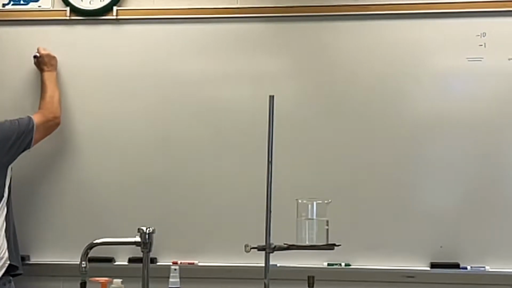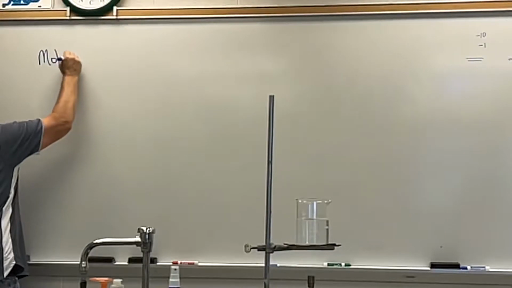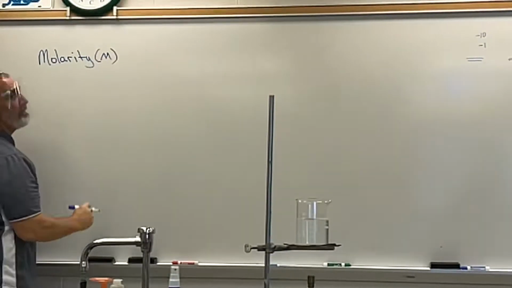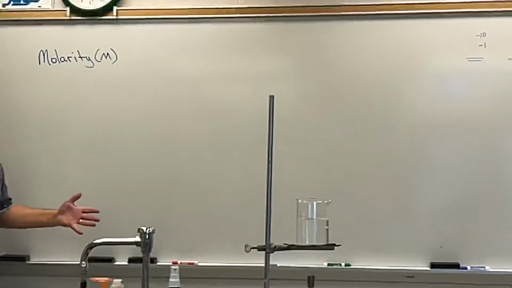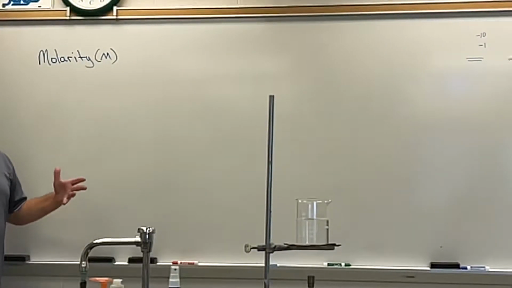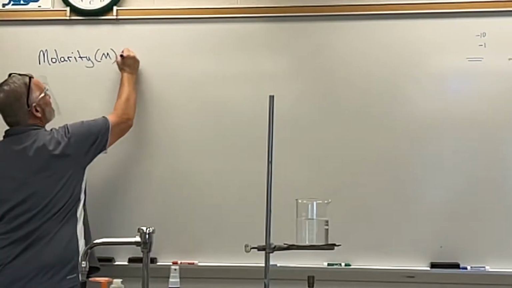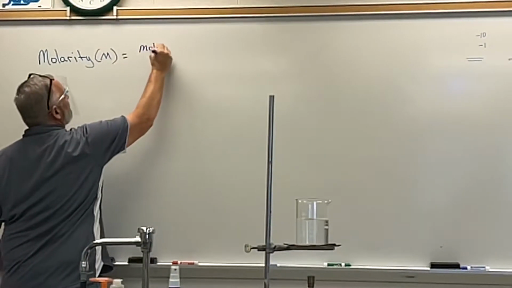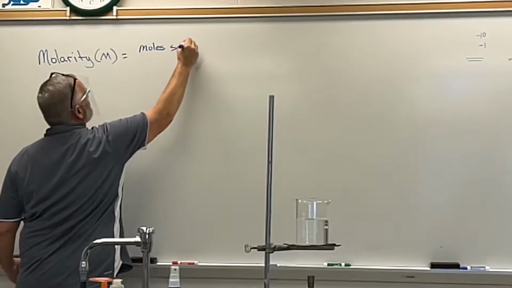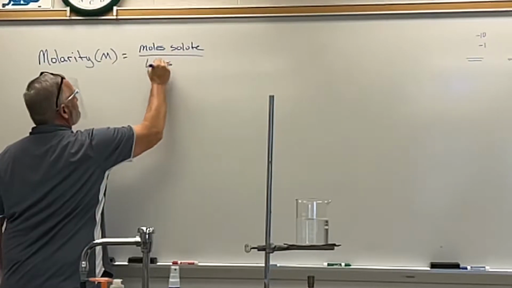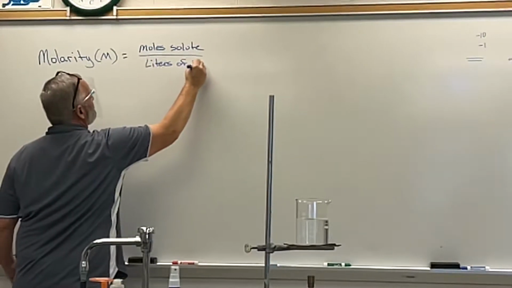But the main one is molarity, which is represented by a capital M. And you may have seen that on some of the bottles in a lab. Talked about 2 molar, 6 molar, 6M. And that is a ratio of moles of solute, this is not in the notes, sorry, over liters of solution.